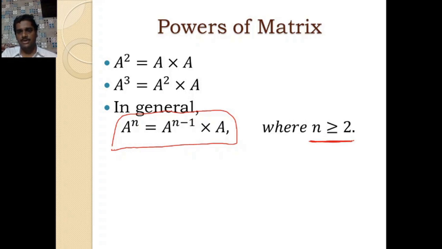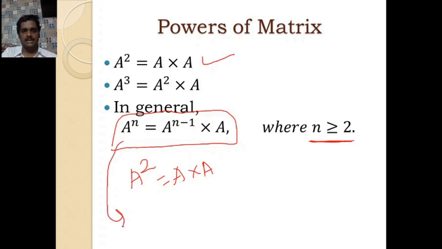So if we put 2, this A raised to n becomes A square, and this A raised to n minus 1 becomes A into A, and you get this number 1. And if I put 3 in place of n, I get A raised to n equals A square into A. Nothing but your point number 2.